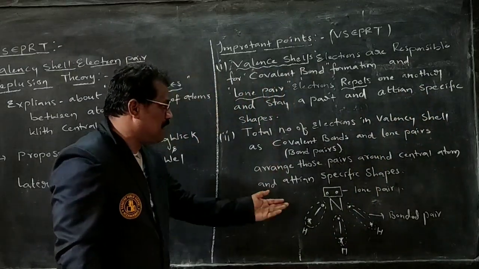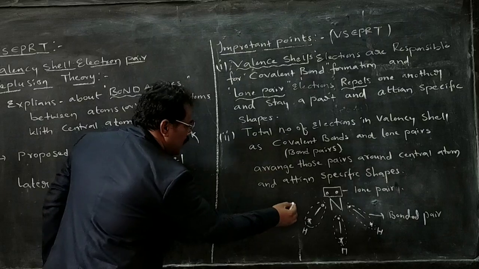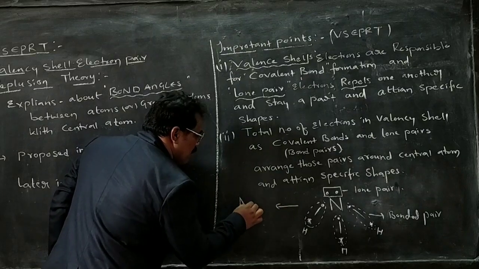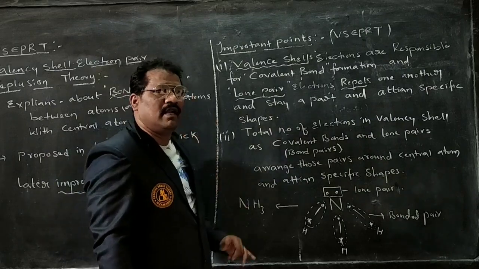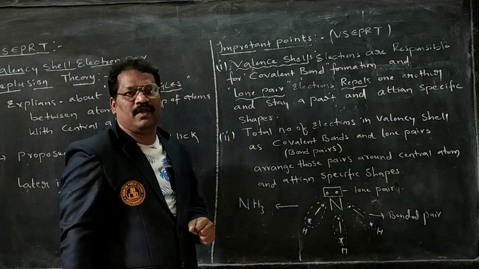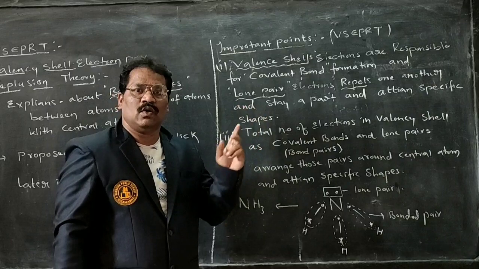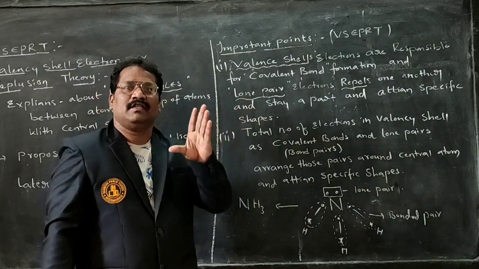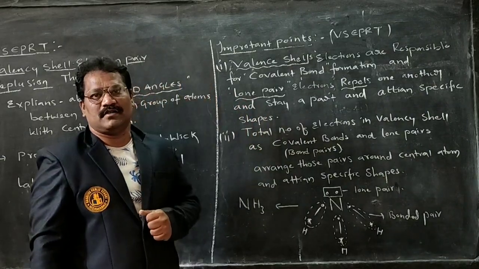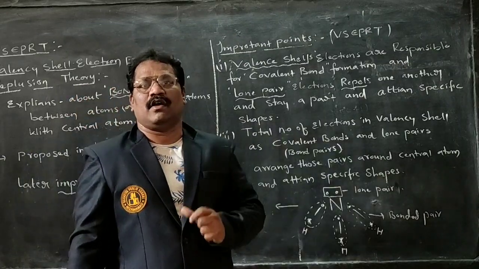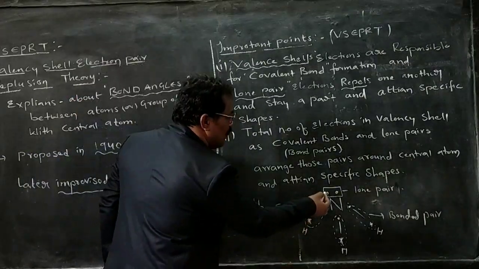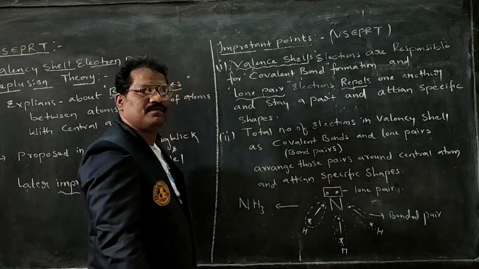Let me come to the example here. I have drawn a molecule called ammonia. If you go for the electronic configuration of nitrogen, 1s2, 2s2, 2p3, the valency shell consists of 5 electrons. Within that, the 2s2 shell has a paired electron. That paired electron is called the lone pair here.